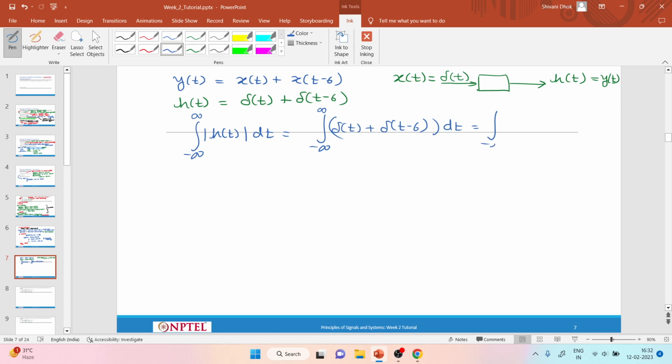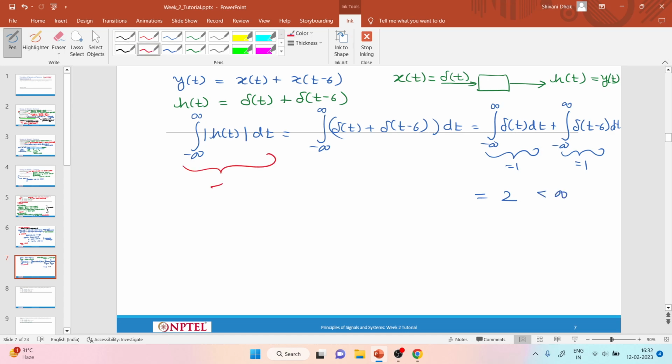Just split it: integral from minus infinity to infinity of delta t dt plus integral from minus infinity to infinity of delta of t minus 6 dt. And if you observe, this will be equal to 1 and this will also be equal to 1, because the area under the impulse is 1. So this is equal to 2, which is less than infinity. So again, using your impulse response condition also, we are able to say that it is stable.